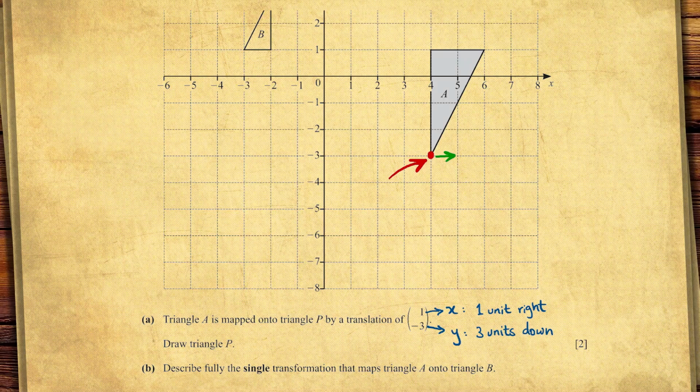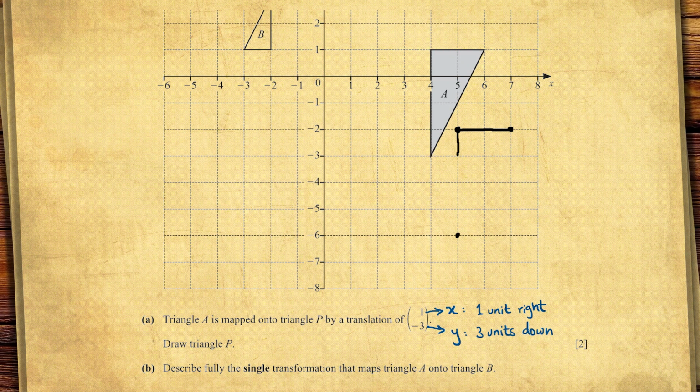If we move it 1 unit to the right, this point will move here, and moving it 3 units downwards takes it here. Now let's translate this point 1 unit to the right and 3 units downwards over here. Then we translate this point 1 unit to the right and 3 units downwards.